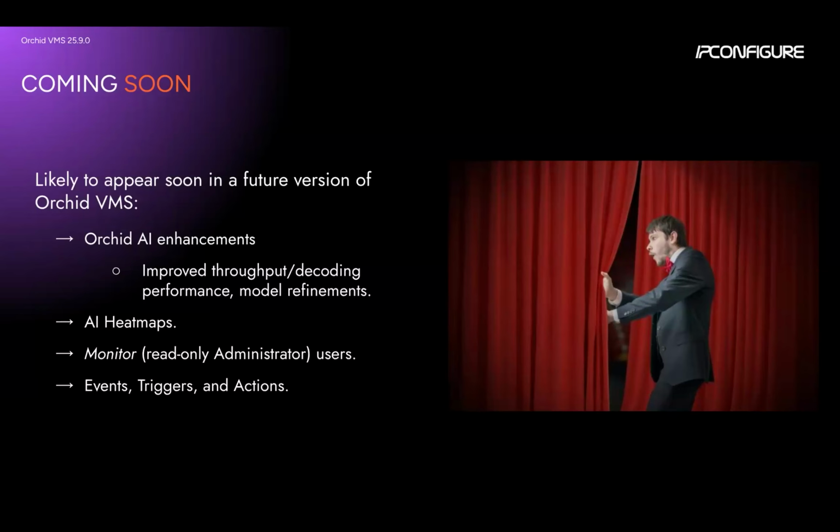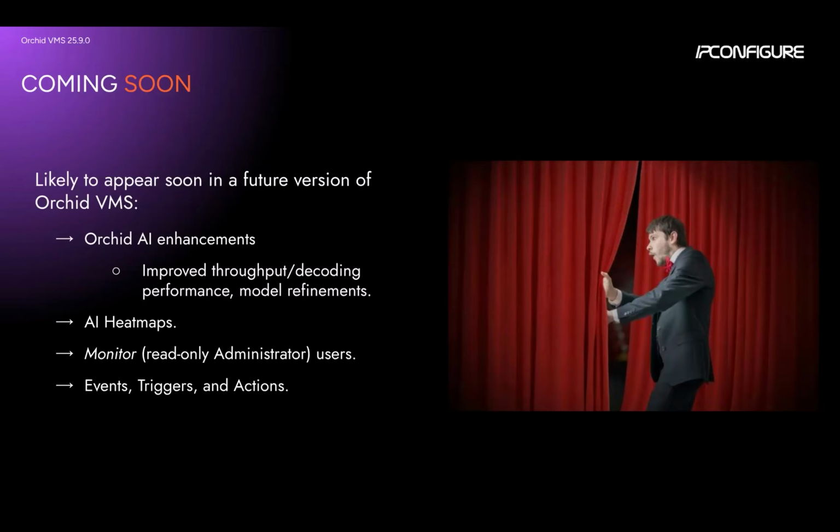We do expect to have a heat map capability, so the ability to generate heat maps not just based on motion, but based on specific object types. So if I'm looking at the driveway behind the office and I want a heat map of where the bicyclists are going or where the dog walkers are going, I can generate a heat map just out of bicycle detection events or vehicle detection events. That's something that we think is going to be pretty useful.